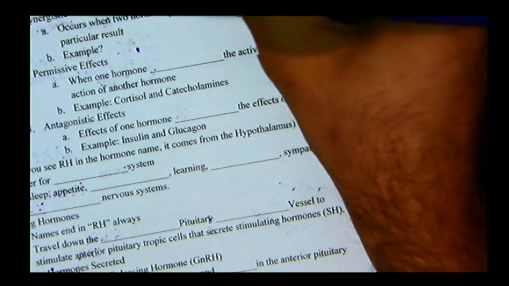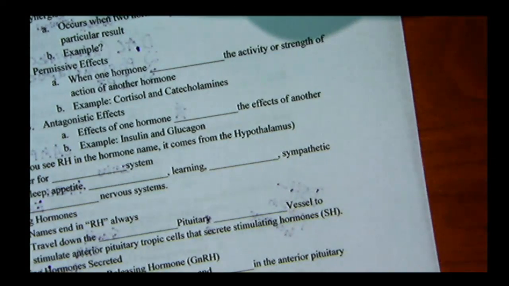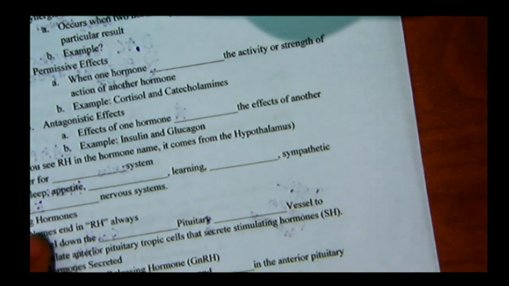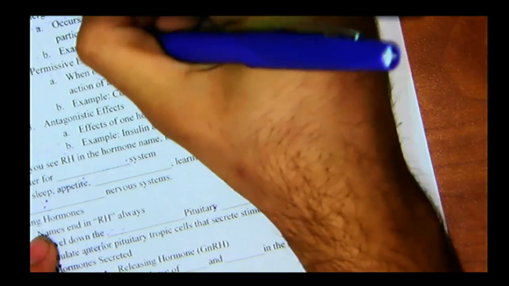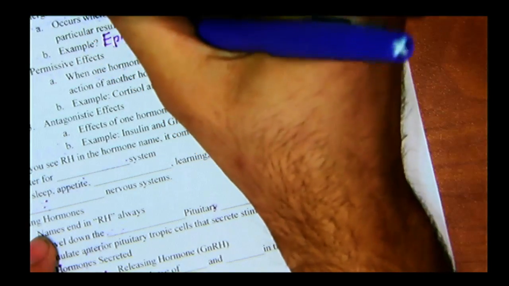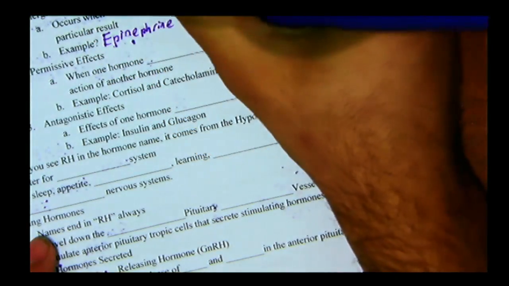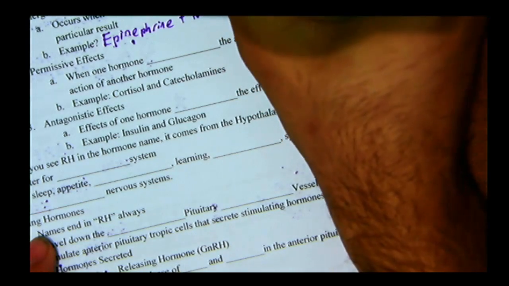Awesome. Epinephrine and norepinephrine. Let's say in the heart, what do they work together to accomplish? To increase the heart rate. Can you guys still see? Sorry. To increase heart rate.